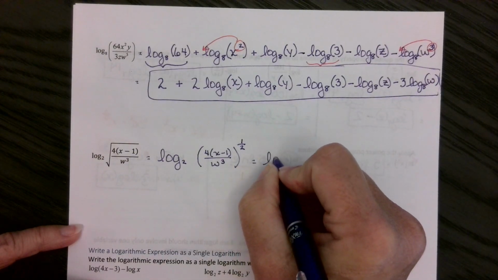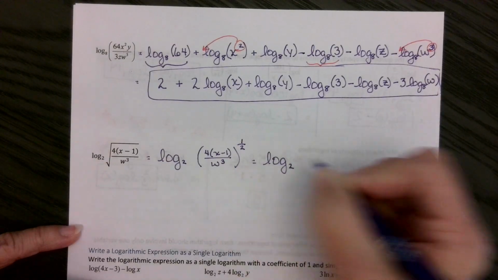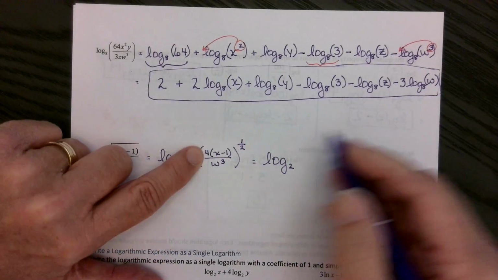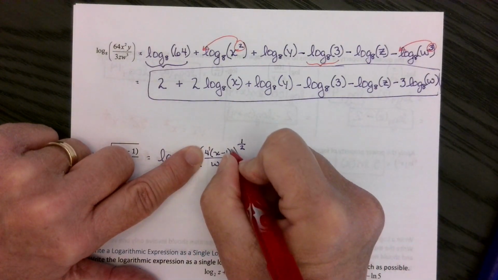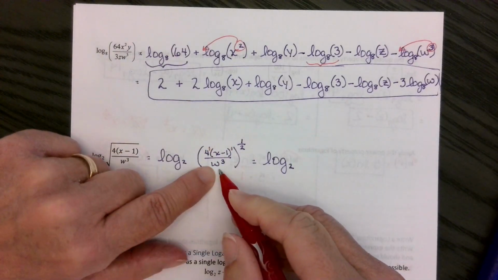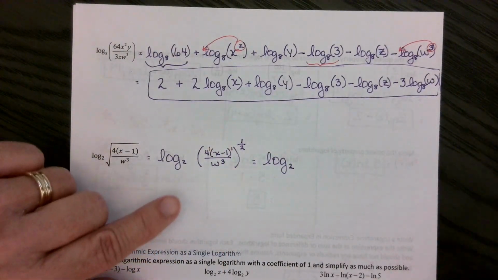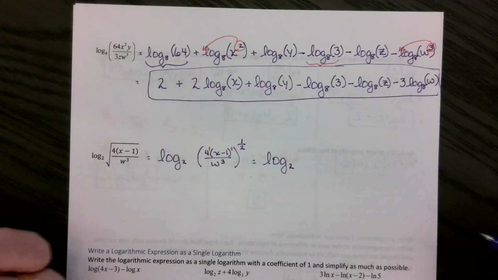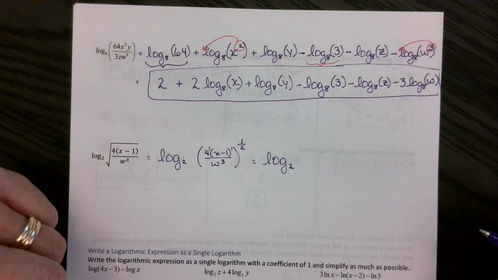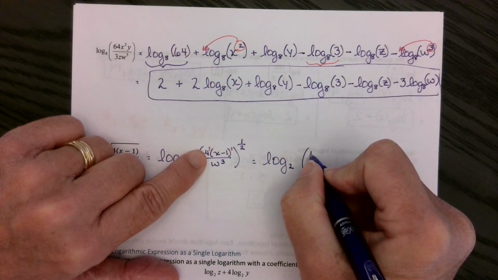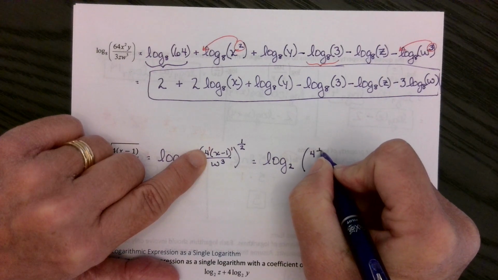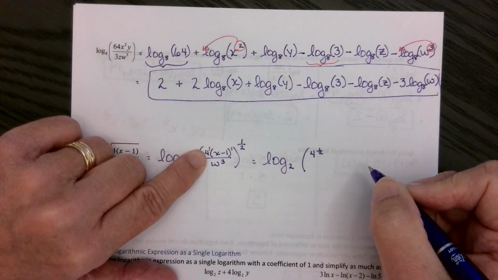Again, this comes back to your exponent rules. This is nothing new. When these have their own exponents, this has an exponent of 1, so does this, okay? And that one has an exponent of 3. When you are raising a power to a power, you multiply, okay? So really 4 to the 1 times 1/2, I now have 4 to the 1/2.